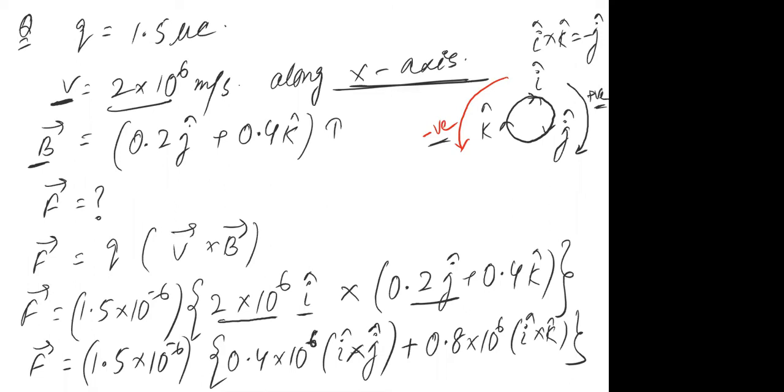If you go anti-clockwise, that is I cross k, k cross j or j cross I, you will take it as negative. Did you understand, everyone? Okay. So what we have done is just the cross product of these two, and the rest you can solve, right?